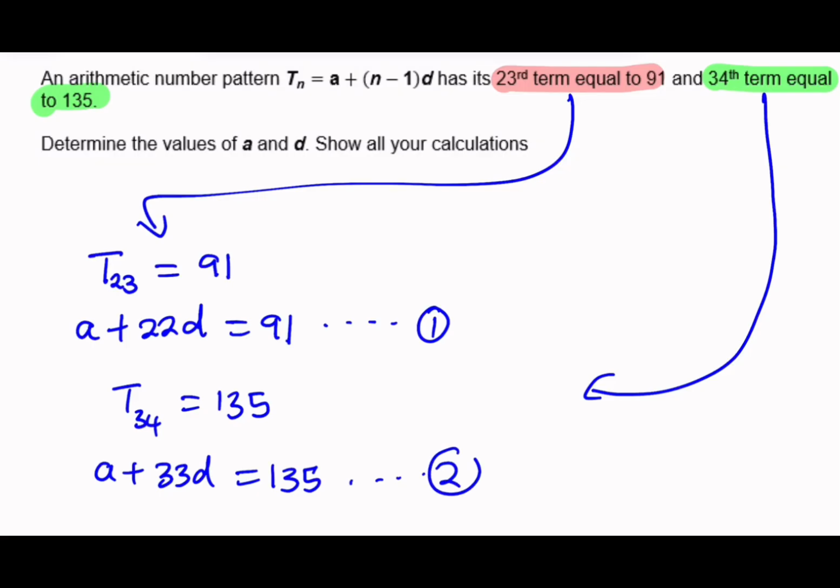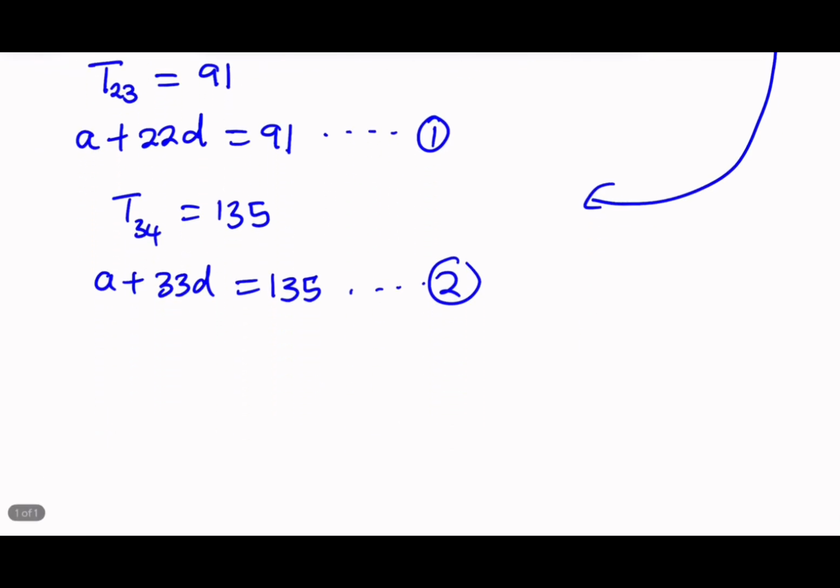Now that these two equations are available to us, we can solve them simultaneously, and these are really simple equations because they are all linear. You may use elimination, where you can easily eliminate a by taking equation 2 minus equation 1, because then it would be a minus a, and 33d minus 22d, that would be 11d, equal to 135 minus 91, which is 44.